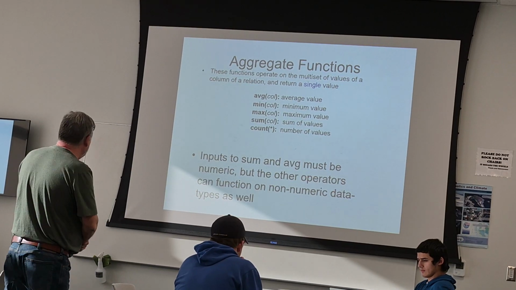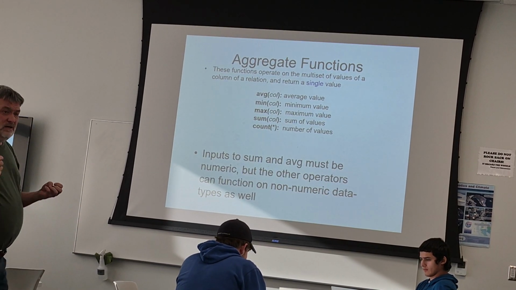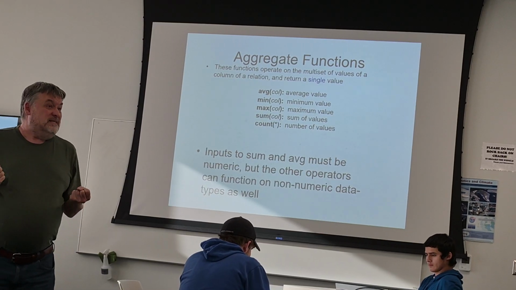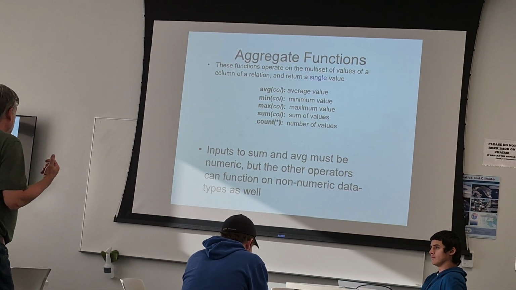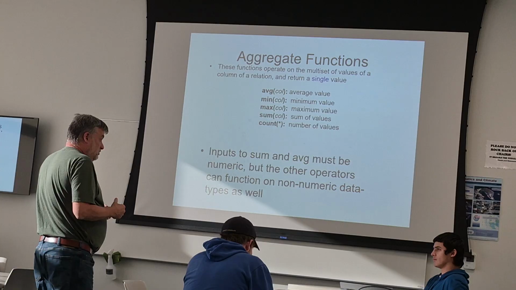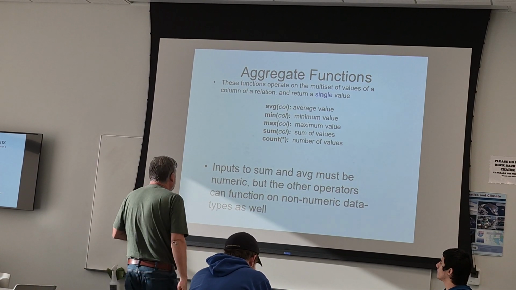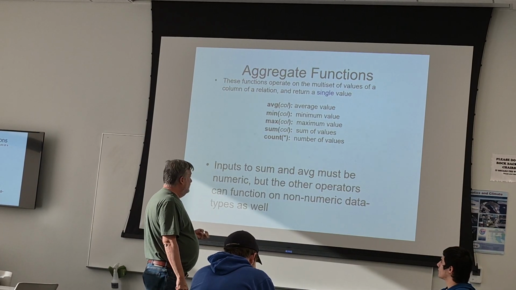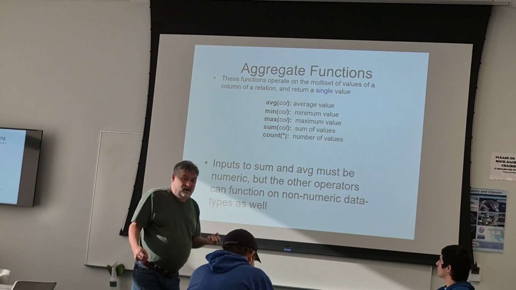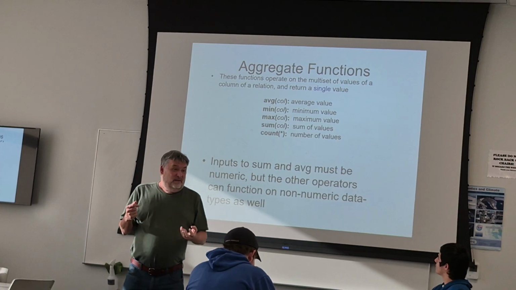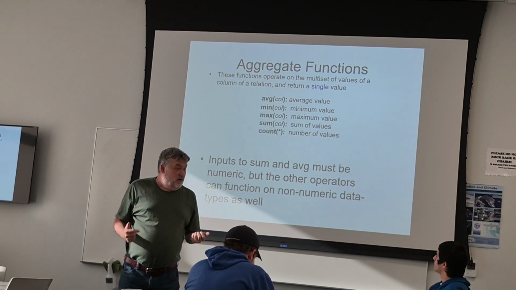Out of these functions, sum and average only, of course, take numeric data, whereas the other functions work with text data or non-numeric data. But min and max will return for text data the alphabetically largest or smallest string.